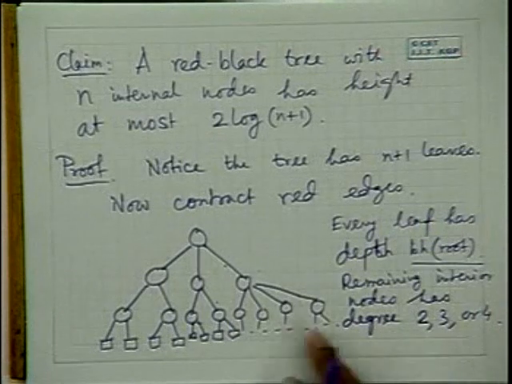If this is true, then this contracted tree has a height of BH of root and every node has at least 2 children.